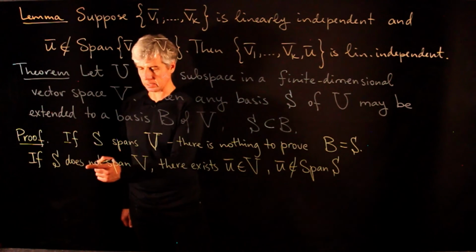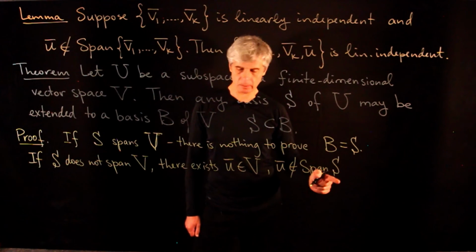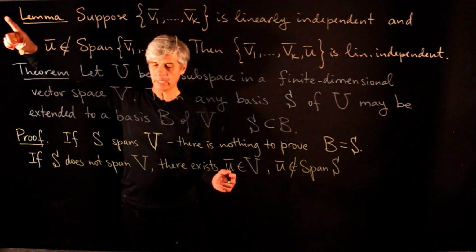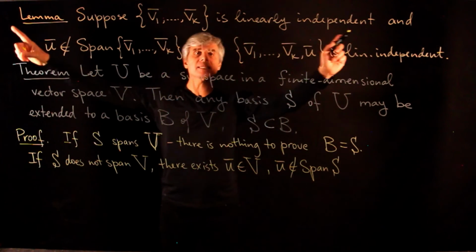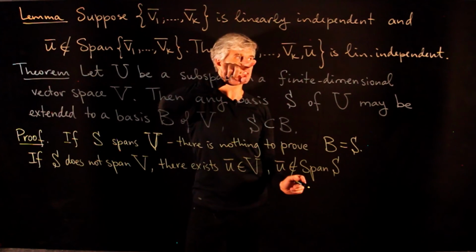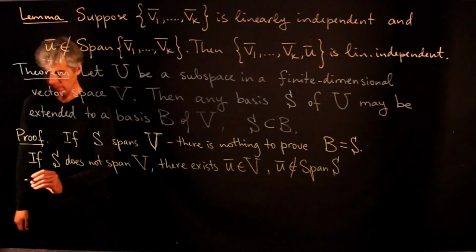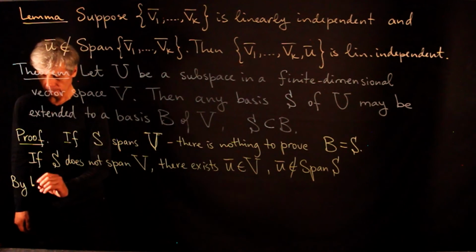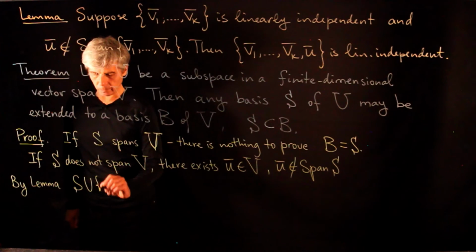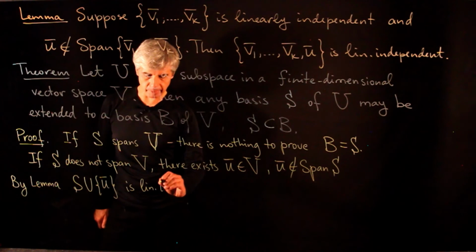So if the span of S is not V, then there will be some vector which is in V but not in the span of S. And then we use our lemma, right? So our lemma says that if we have a linearly independent set and u does not belong to its span, then adding this vector will still give us a linearly independent set. So by lemma, S together with this vector u is linearly independent.